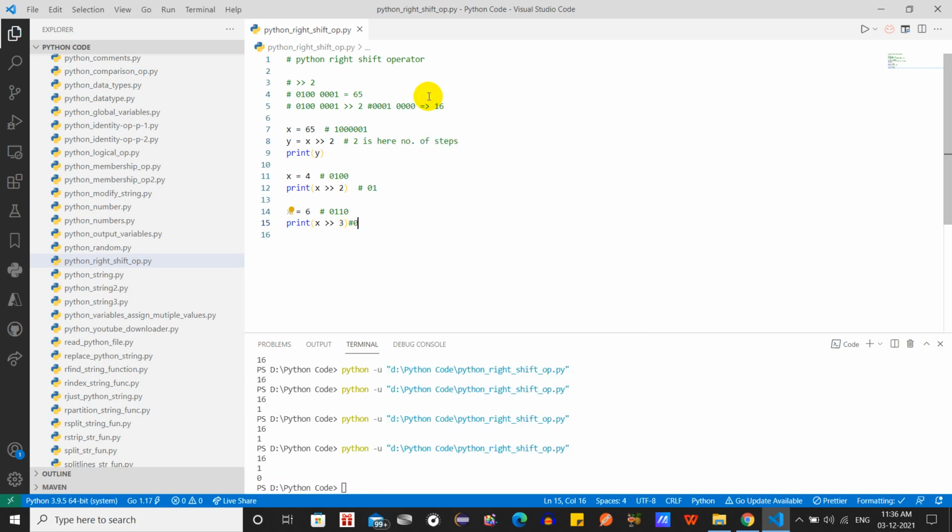Okay, because these 3 bits are shifted by the previous 3 bits. So all 3 bits are shifting towards these 3 bits, then it is written as all zeros. Fine, understood? This is the right shifting.